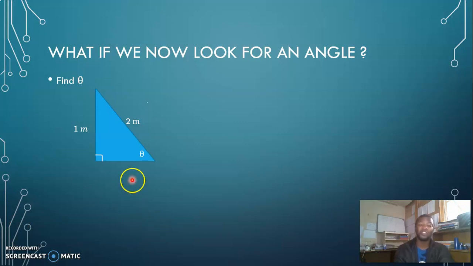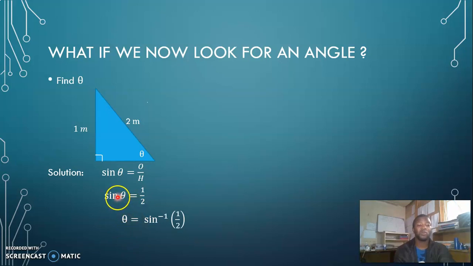So what we're going to simply do is we're going to say sine theta is equal to opposite over hypotenuse, and then we know that our opposite side is 1, and then our hypotenuse side is, what? It's 2. Now what we're going to do is make theta the subject of the formula, and then we'll have theta equal to the inverse of sine evaluated at 1 over 2.